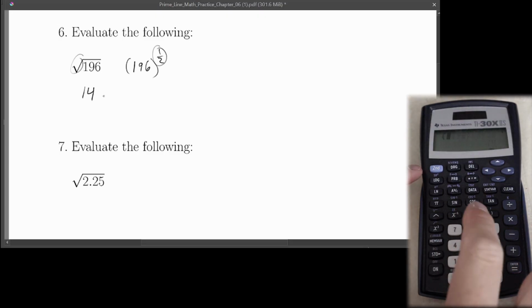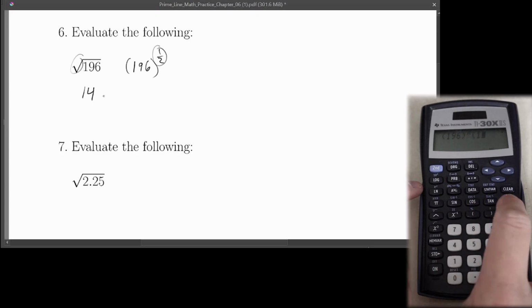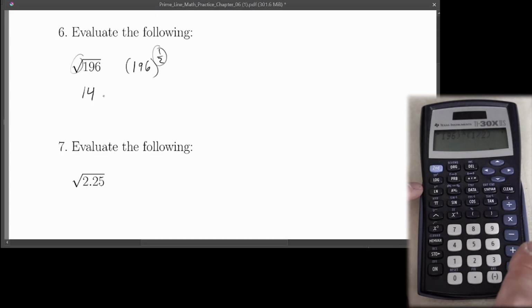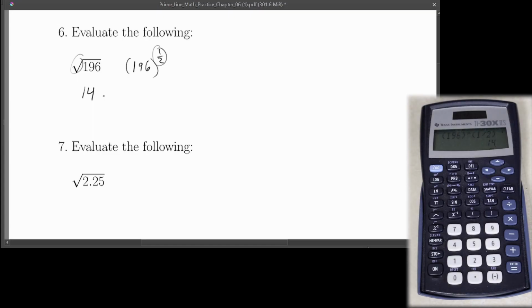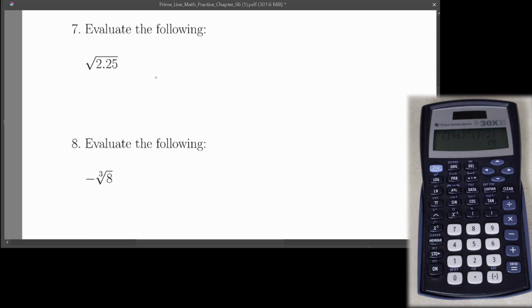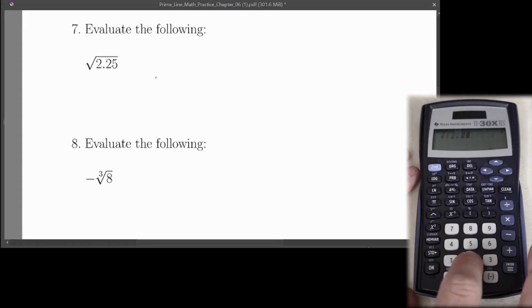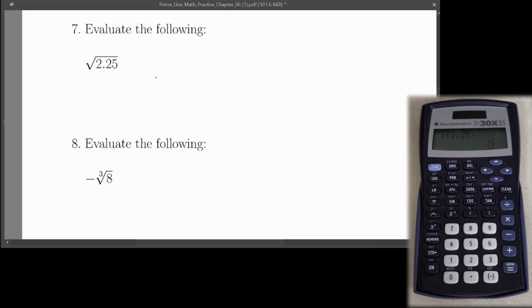Alternately, we can do 196 to the 1/2 power, and we'd get 14 again. Taking the square root of 2.25, we get 1.5.